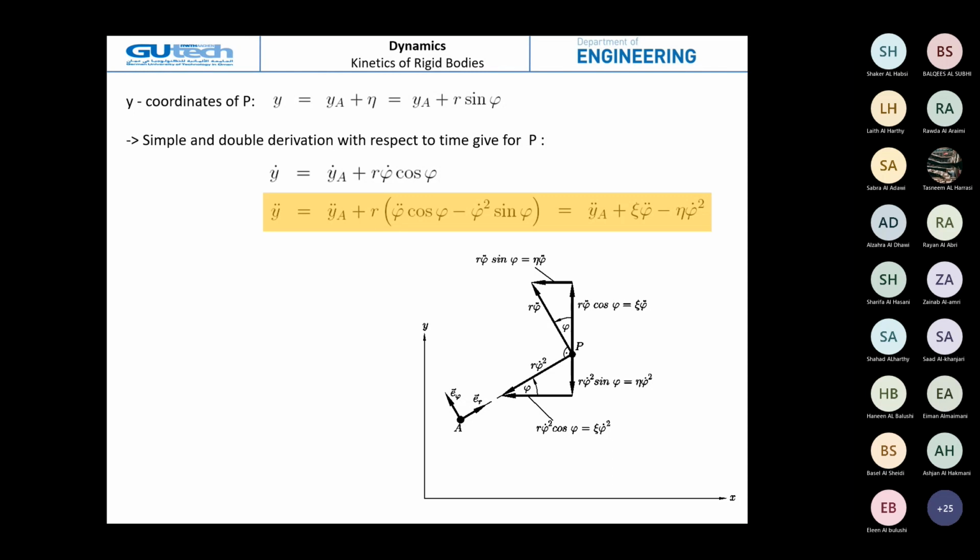Then, if we take now the polar coordinate system represented by the unit vectors r and phi, in the r direction we have r phi dot squared. This is the acceleration, let's say the normal acceleration.